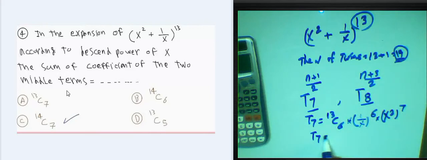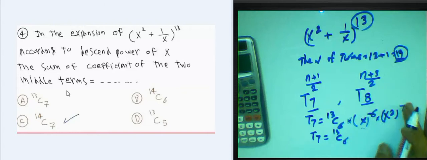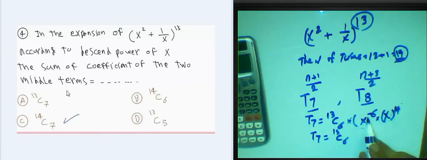Then term 7 will be 13 combination 6, and x to the power negative 6, and 2 times 7 equals 14. We can simplify it. 14 minus 6 equals 8. It will be x⁸ in term 7.